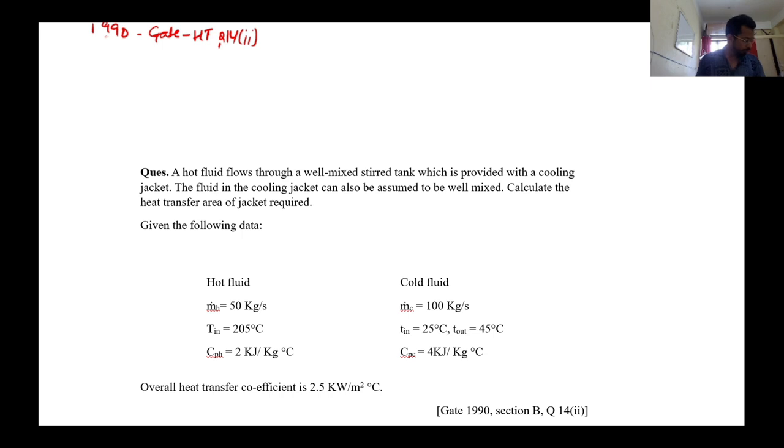A hot fluid flows through a well mixed stirred tank which is provided with a cooling jacket. So we have a stirred tank, and it is for cooling purpose, covered with a jacket.